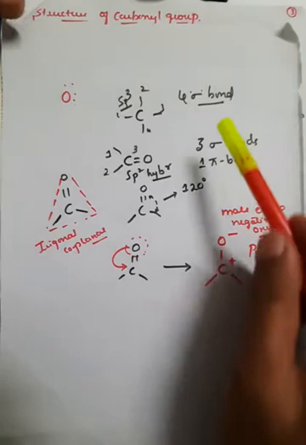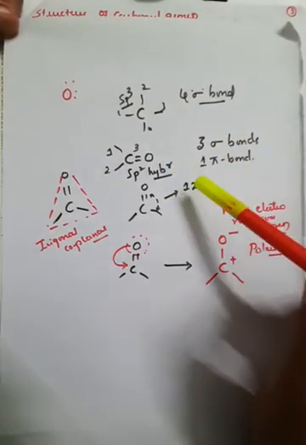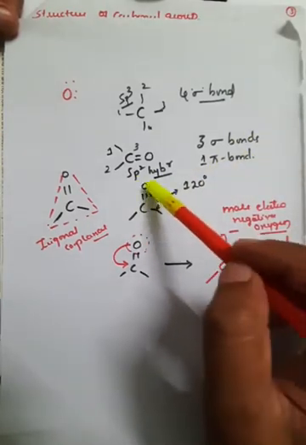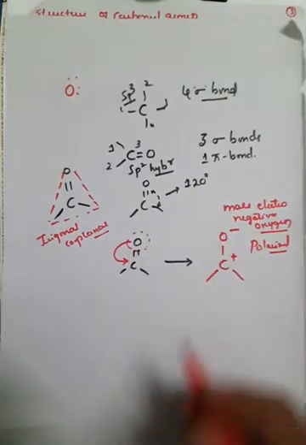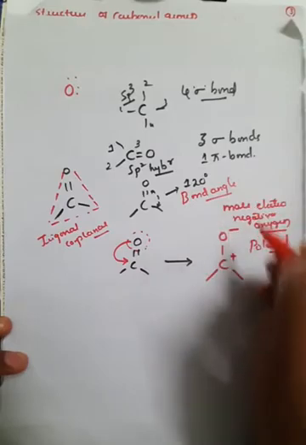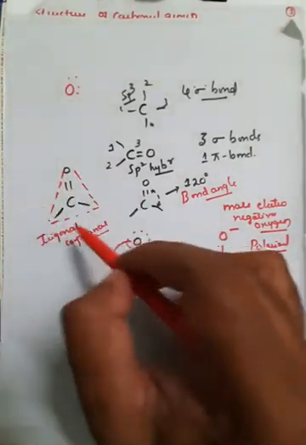Here if you observe, the first important thing is it consists of 3 sigma bonds. Along with that there is 1 pi bond, and due to the arrangement of atoms the bond angle is 120 degree in the carbonyl group. The structure of the molecule is trigonal coplanar.